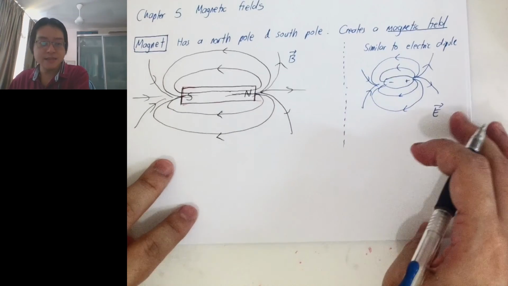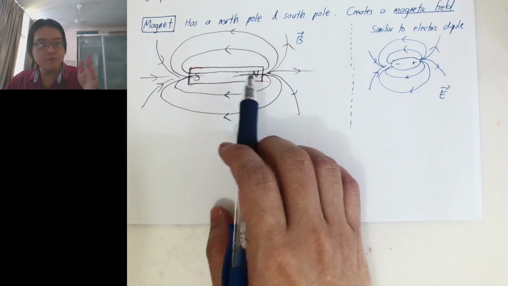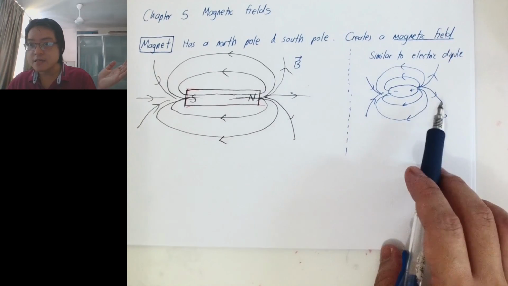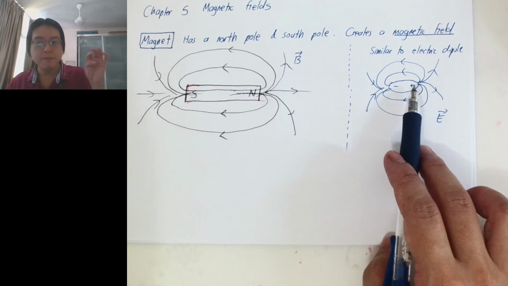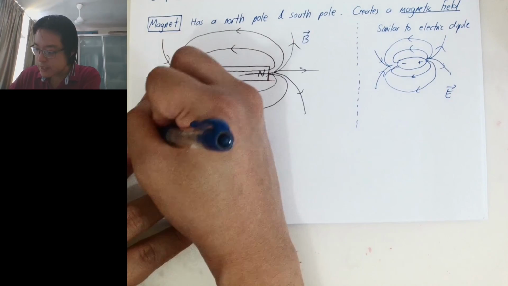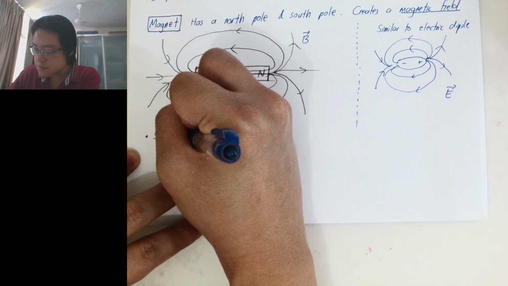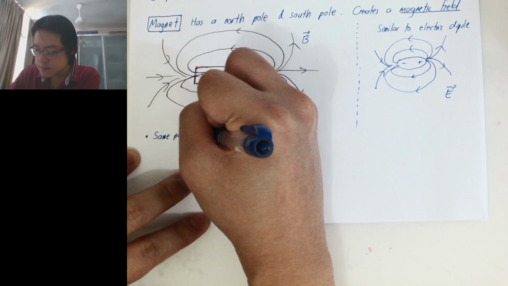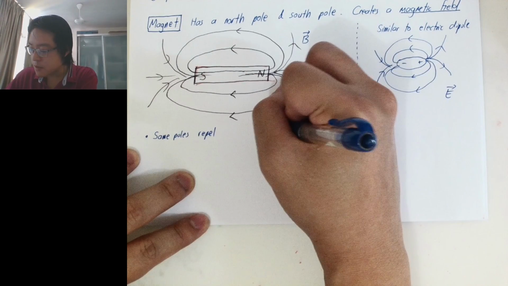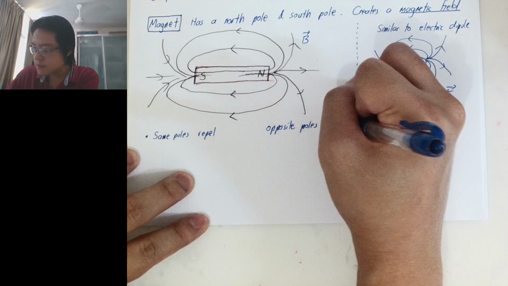How else are they similar? For magnetic field, we call them north and south pole. For electric fields, we have positive and negative charge. They behave in the same way. For example, the same poles repel, and opposite poles attract.